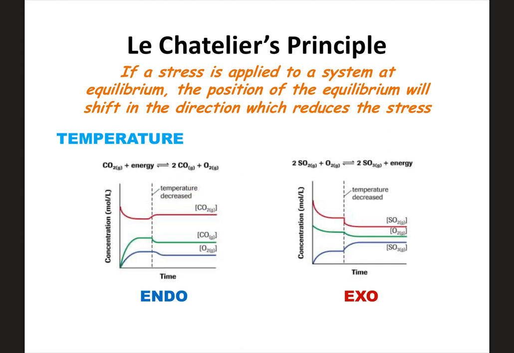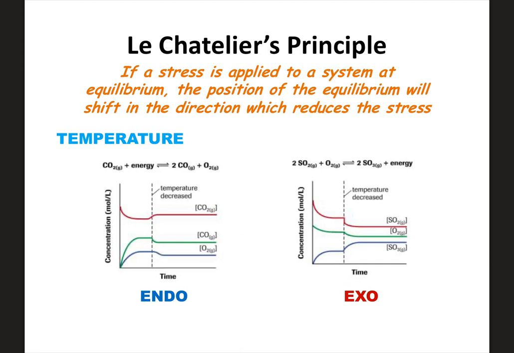So when the temperature drops at this point, notice what's happening. The amount of the CO2 is going up, and then the amount of the CO is going down. And the amount of the O2 also goes down.